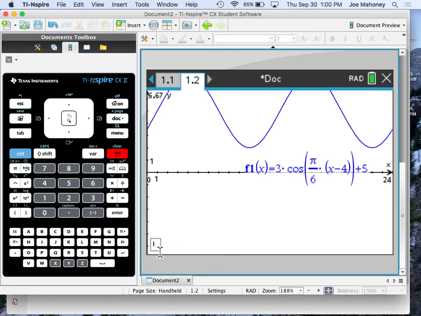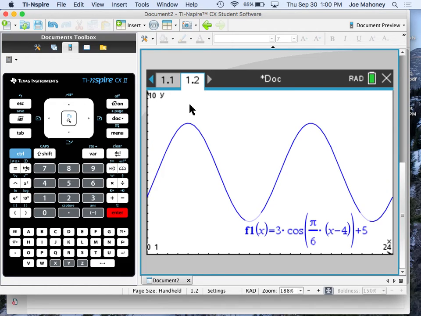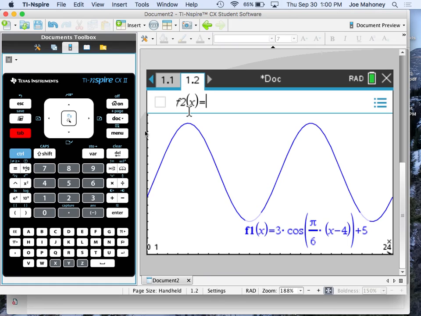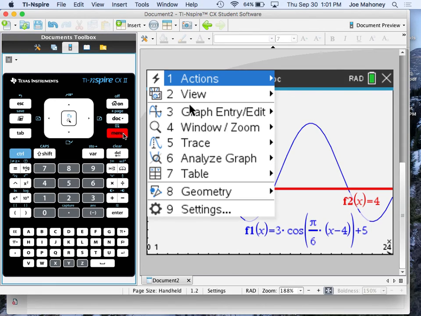And let's change our window here from 0 to, I think the maximum depth was 8, so we'll go up to 10 maybe. And I'm also going to graph 4 because I want the depth to be 4. And I want to figure out what that value is after 12 midnight.